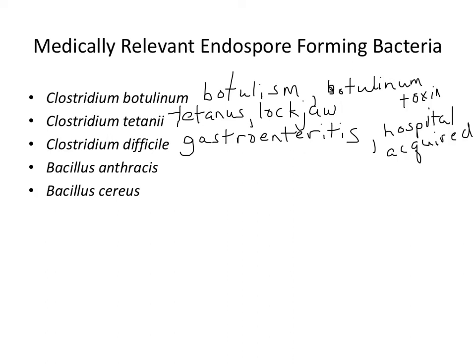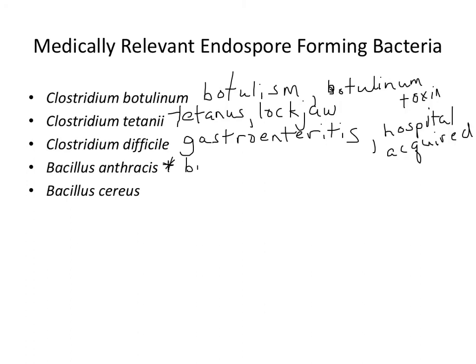Bacillus anthracis is a particularly interesting bacterium from the point of view of medical relevance and endospore-forming bacteria, because the endospores of Bacillus anthracis were the part or aspect of the organism that allowed it to be used as a successful agent of bioterror.